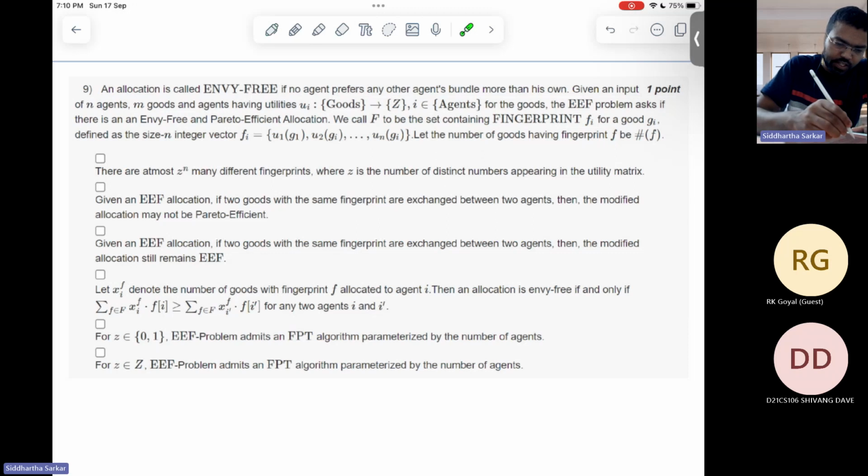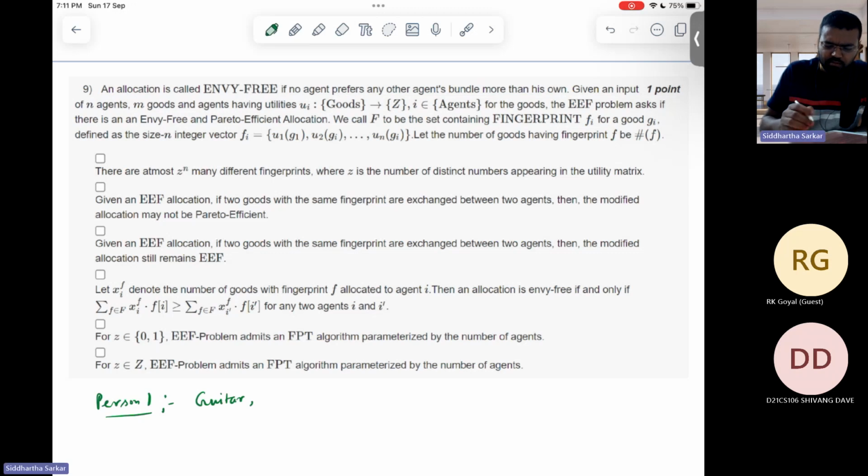Let's read it. If no agent prefers any other agent's bundle, bundle means the set of objects that a person has received, more than his own. So envy free means, let us consider person one. Let us say person one received a guitar, a mic, and a notebook.